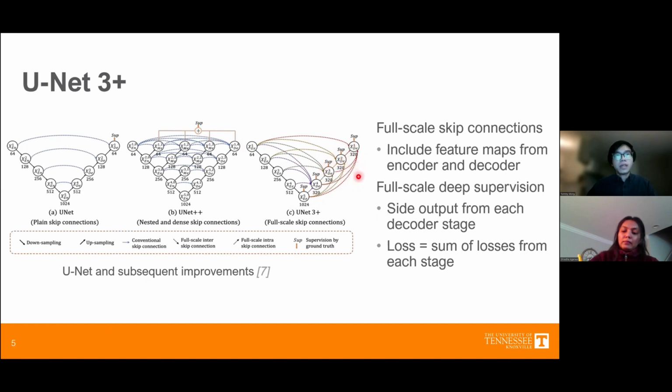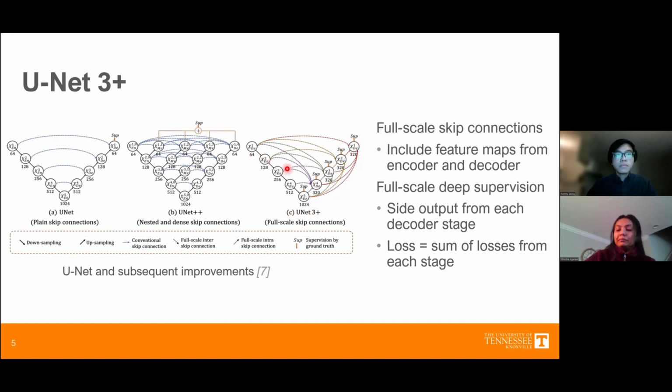So it outputs a mask, a label mask or classification mask of the input, and to calculate the loss of the training, it becomes a sum of the losses of each individual stage, either through the calculation of binary cross entropy or categorical cross entropy or focal loss, and taking that sum across all the decoder stages yields the total loss for the entire network.